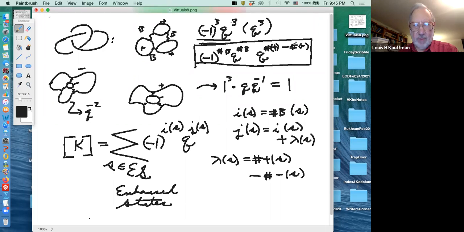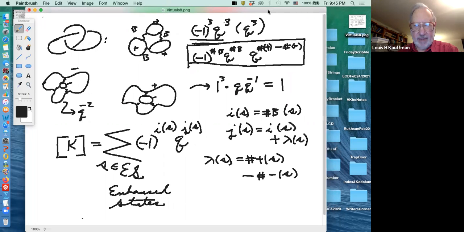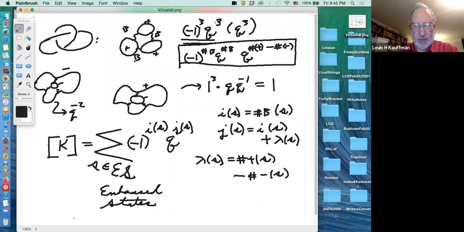And that's what we just said here, taking it bit by bit, right? For each of these, you get minus 1 to the number of B's, and then you also get Q to the number of pluses minus the number of minuses. So altogether, you get this j and that i, and you get a sum of monomials.